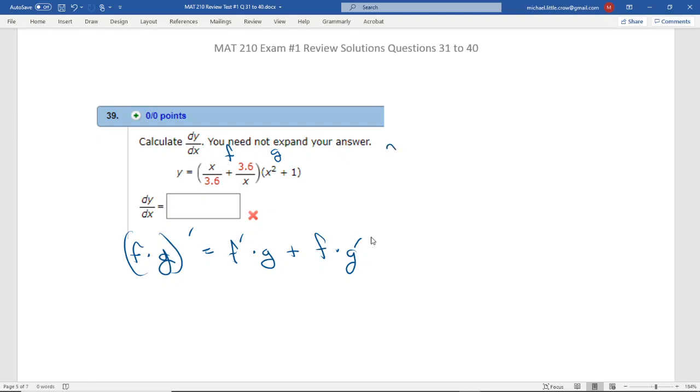Okay, so we've got f is x over 3.6 plus 3.6 over x, and it says you do not need to expand your answer. So we will follow directions exactly.